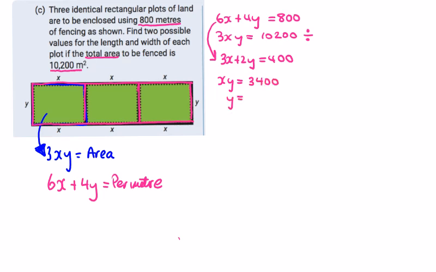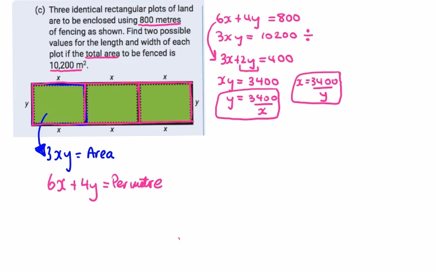So y is equal to 3,400 over x. So we could sub that in for y, or we could say x is equal to 3,400 over y. So either of these two things. So just pick one.